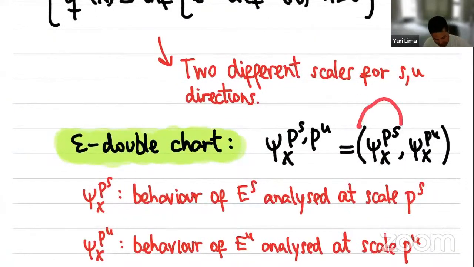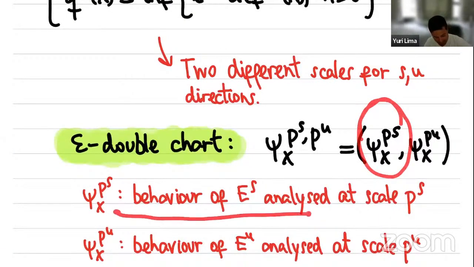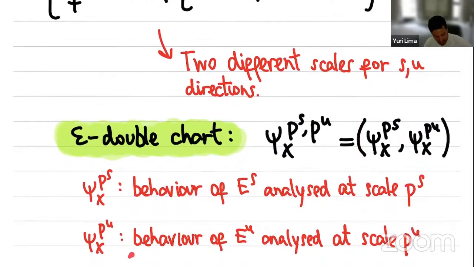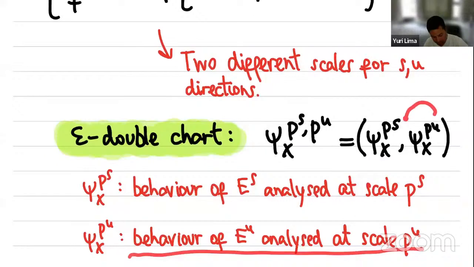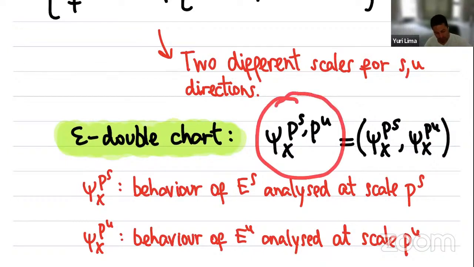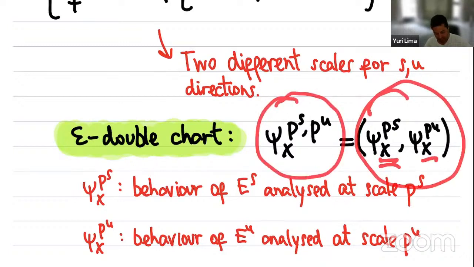And this is the Pesin chart centered at X with which we will analyze the behavior of ES. And the other one, in which we will analyze the behavior of EU, will be this Pesin chart at the scale PU. So from the definition, an epsilon double chart is just a pair of Pesin charts centered at the same point.